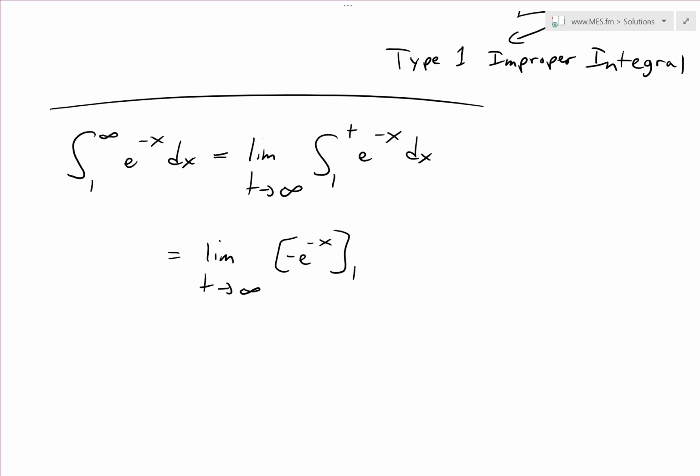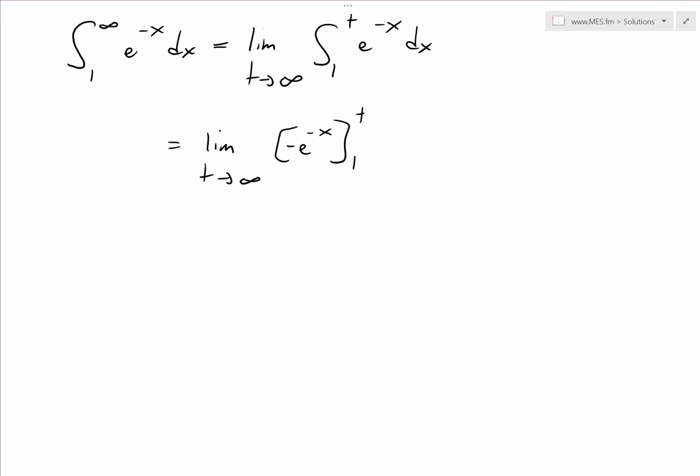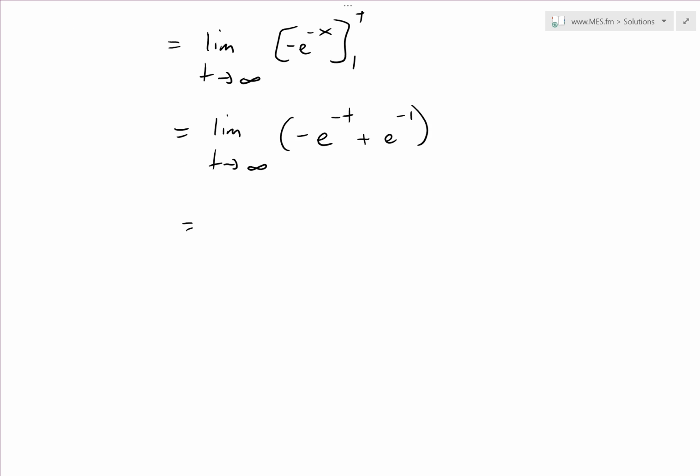Now you evaluate it from 1 to t. Plugging those in, the limit as t approaches infinity of negative e to the negative t, subtracted by, when you put in the 1, there's a negative already there, so we just put a positive e to the negative 1. Let's rearrange this to make it a bit neater.